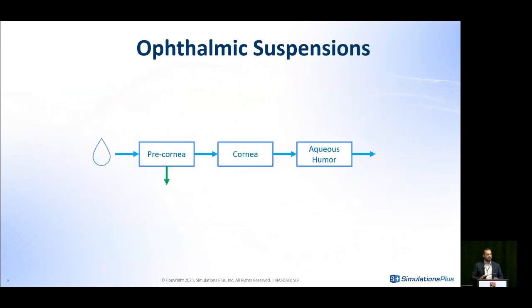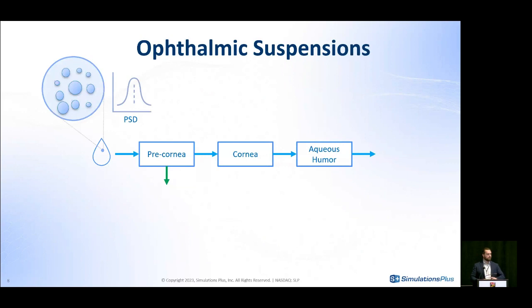The model that we have initially developed for suspension is considering some key elements, such as the particle size distribution. So we can integrate the drug particle size distribution directly into the model. Once the formulation is administered on the ocular surface, we are considering the size-dependent dissolution rate, and that helps us to predict the effect of different particle sizes on the overall absorption.